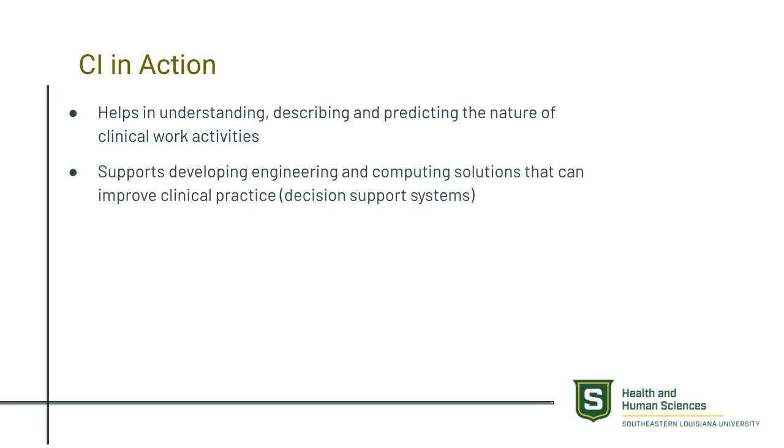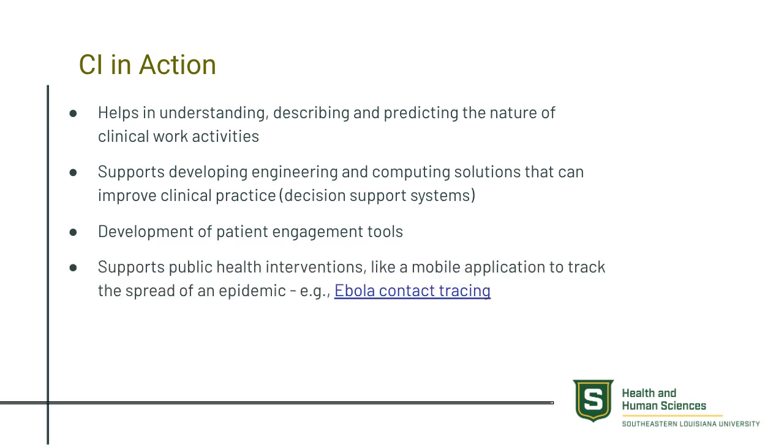It does this by supporting the building of engineering and computing solutions that can improve clinical practice, particularly decision support systems. It also comes into play when developing patient engagement tools, which we'll talk about in a bit. And it helps in supporting public health interventions, like mobile applications to trace the spread of disease.